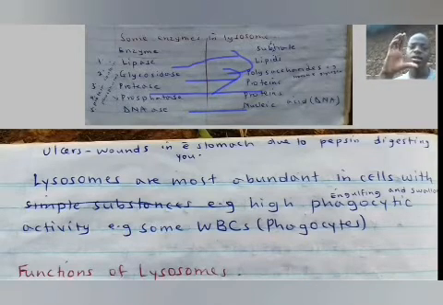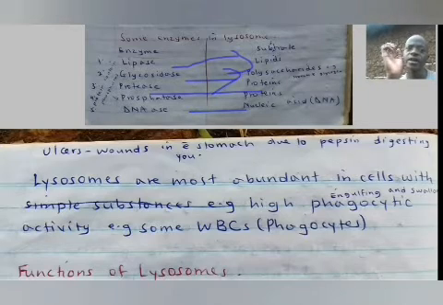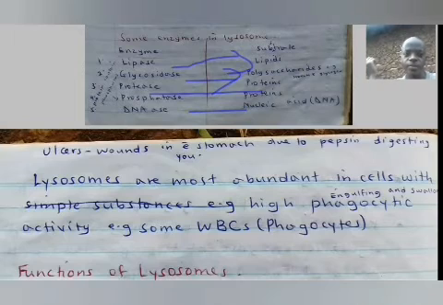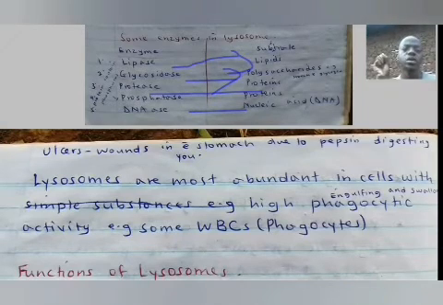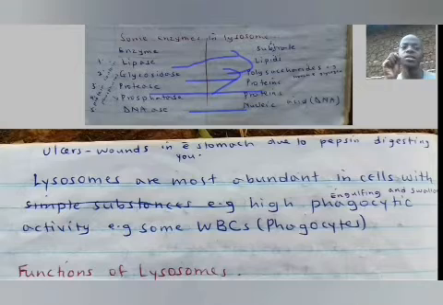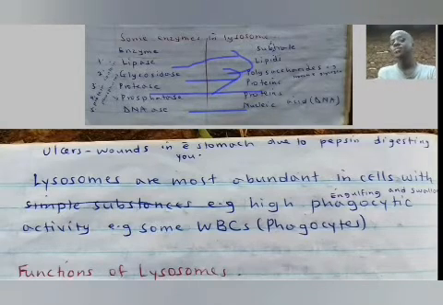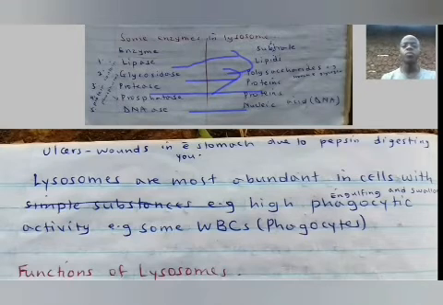Phagocytic means they go and engulf. If a virus comes, they engulf it, swallow it, and destroy it. Such things as the white blood cells fight different viruses. So that is where they are found.